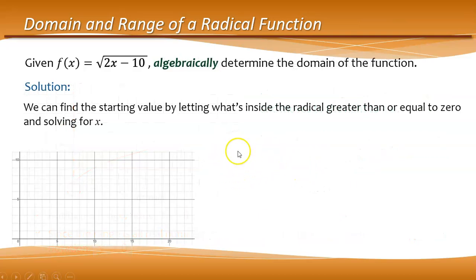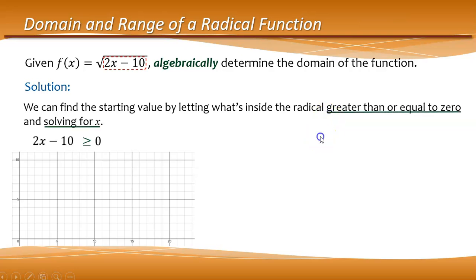Also, you can find the domain algebraically. Remember the radicand, in this case 2x minus 10, when we have an even root, square root, fourth root, sixth root, should be greater than or equal to 0. So 2x minus 10 greater than or equal to 0, you can treat this like an equation.